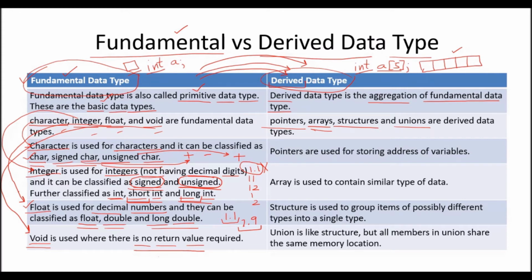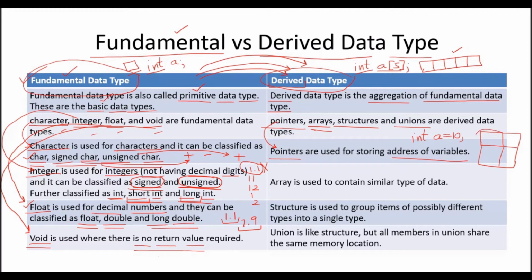If I go with the first one, which is pointer, pointer is used to store address of variable, or I can say that pointer is going to point to some memory. Both are the same thing. Let us suppose that I am having a memory in the system. Let us suppose that I have declared int a equal to 10.